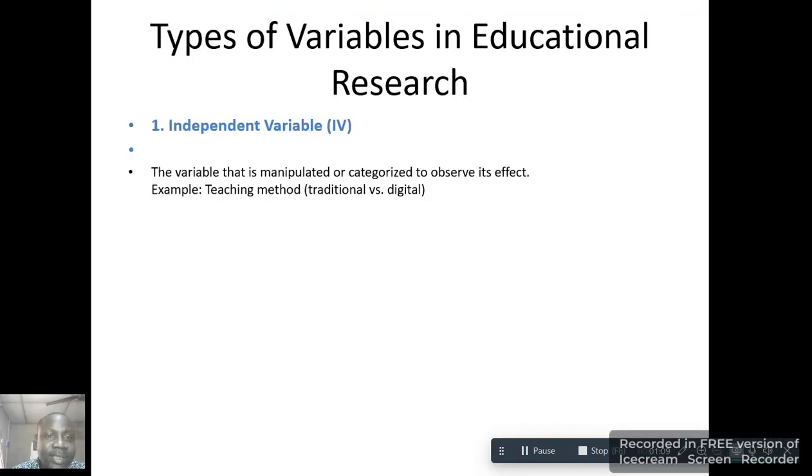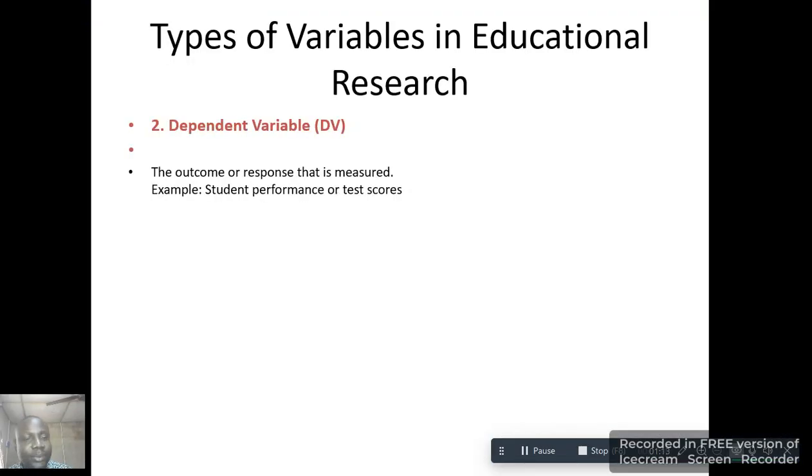The next variable is the dependent variable. This can also be called the outcome or response that is measured. For instance, if students are being taught with a particular strategy, the strategy is independent, but their achievement is dependent on that strategy.